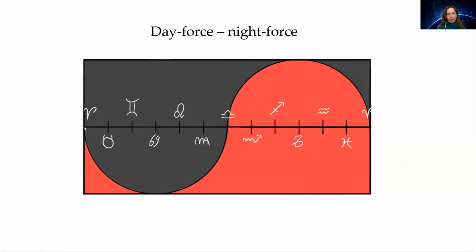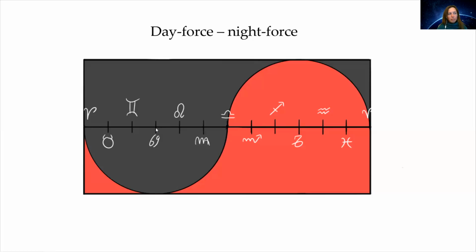So starting here with Aries, we have an equal amount of day and night, because the 21st of March is the time of the year when days and nights have the same length. And going towards Cancer, the 21st of June is the time of the year when we have the most of what he calls day force.